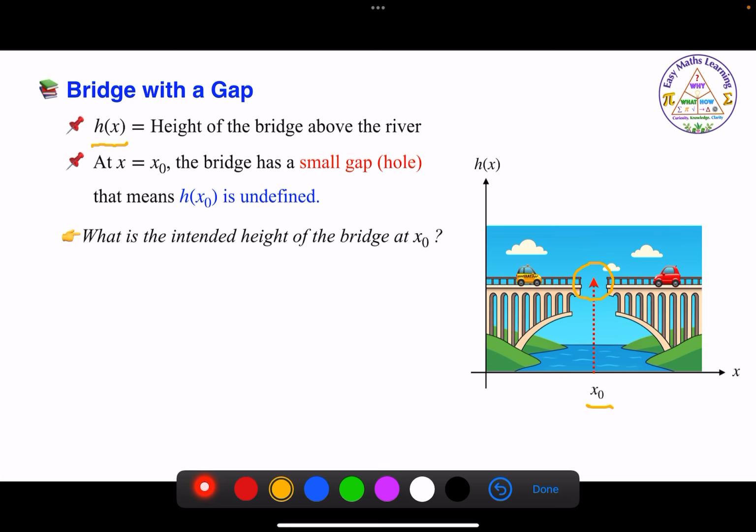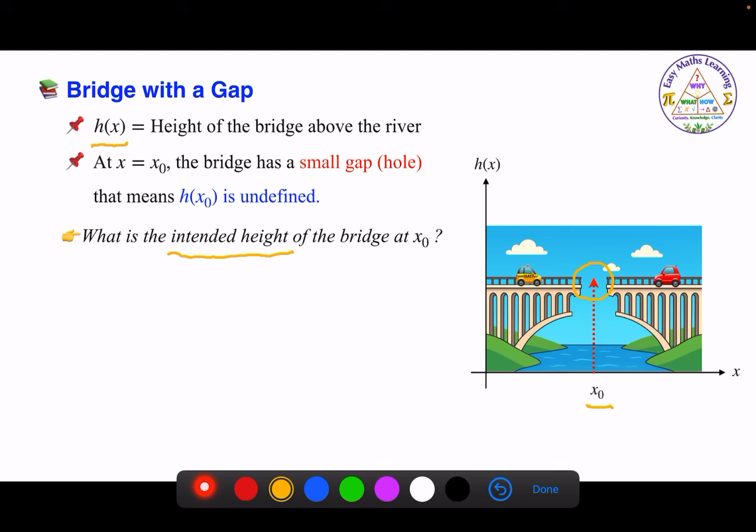Now question is, what is the intended height of the bridge at x naught? Intended height means approximate desired height that we can achieve. So at x naught, height does not exist, you can see in the figure, but we can try to have some intended height, means approximate height.